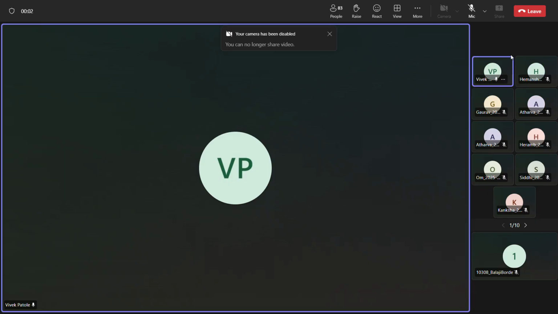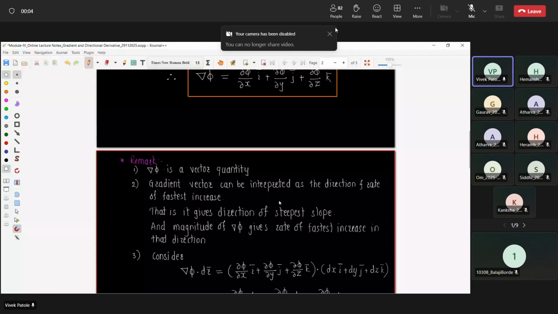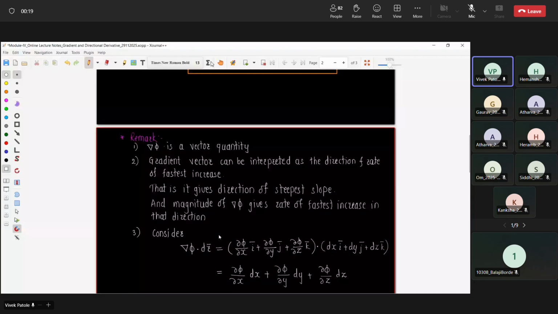Increase. If the value is negative, then we are going to get the values of decrease also. Okay, so it gives the direction of the steepest slope, and its magnitude, that is mod of del phi, gives the rate of fastest increase in that direction. So del phi gives us the direction and its magnitude.